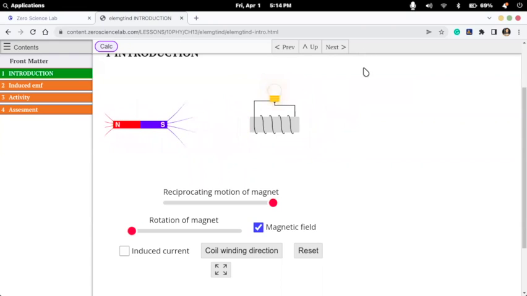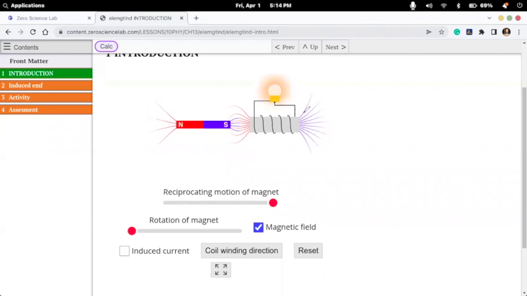Changing, sir. If the magnet is away from the coil, do you see any magnetic field around the coil? No, sir. So the magnetic field is almost zero then.